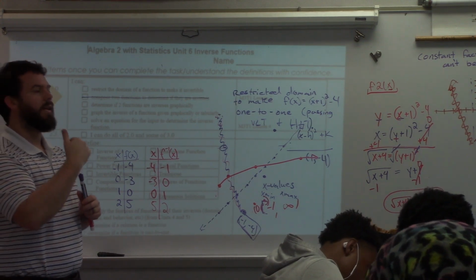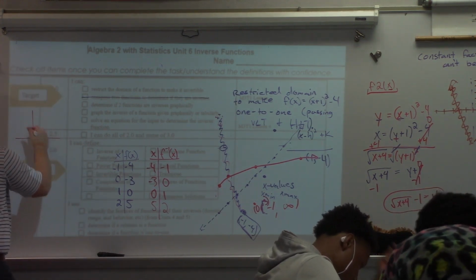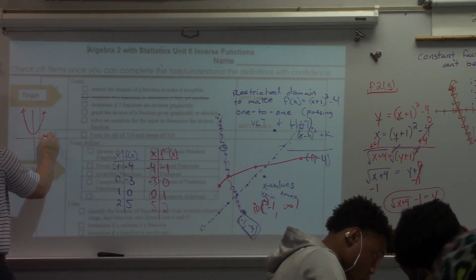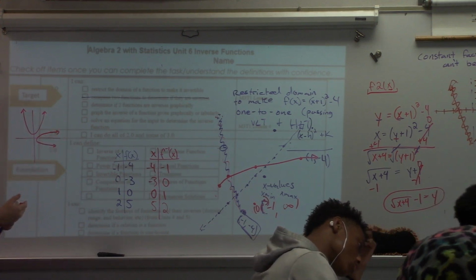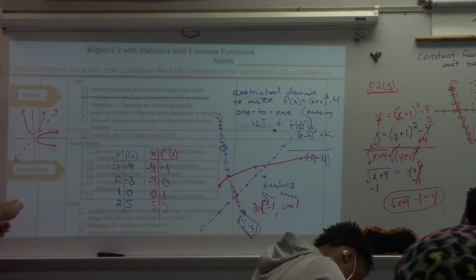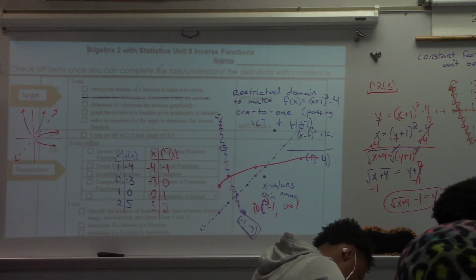Well, they are inverses. The reason why I would caution that is this, right? That's not invertible, but that is its inverse, is it not? It's just not a function. So if it's a reflection across y equals x, it is the inverse. It may just not be an inverse function.